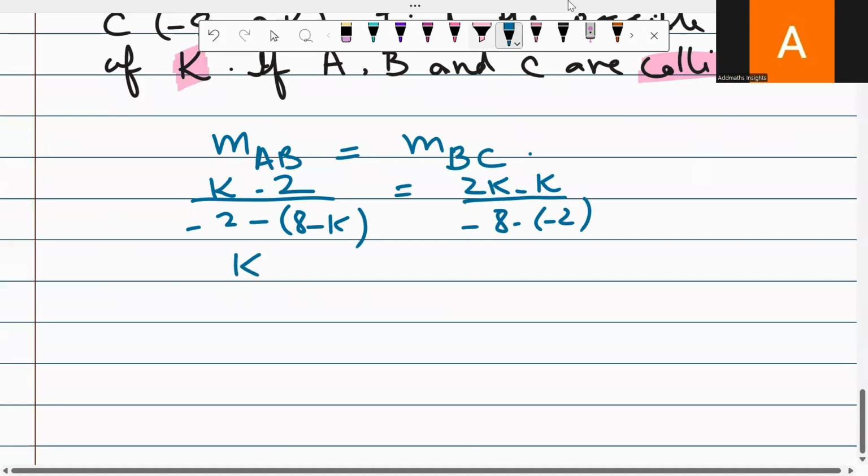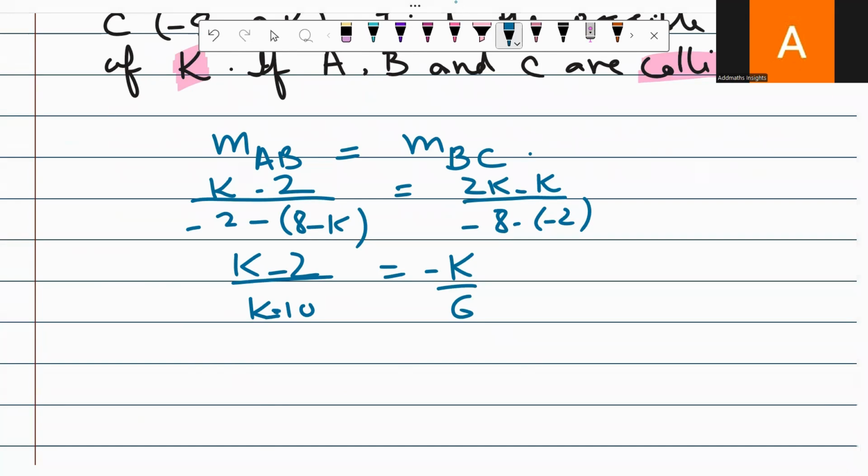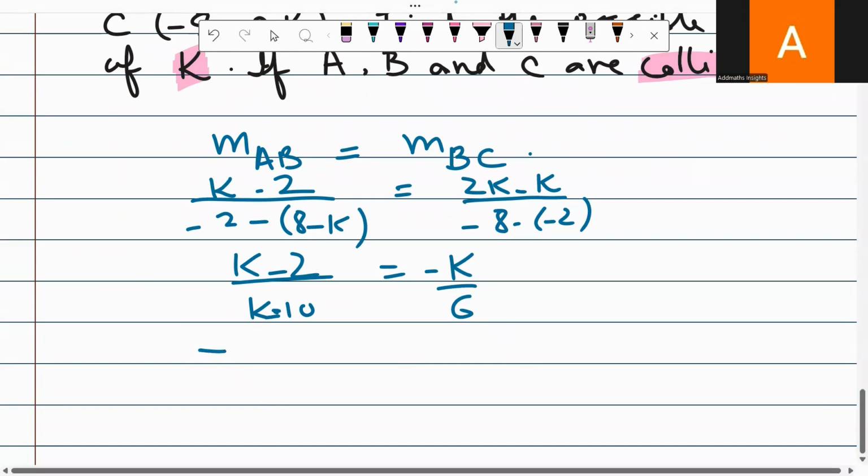This is k minus 2 over k minus 10. Now we can cross multiply, and your answer can be 6 into k minus 2 is equal to minus k into k minus 10.